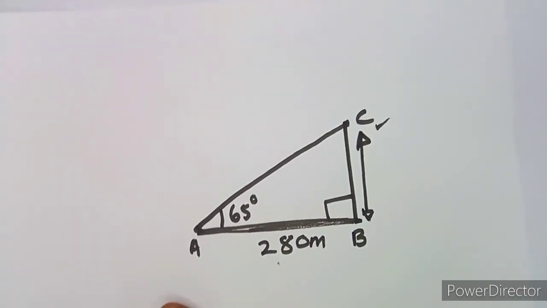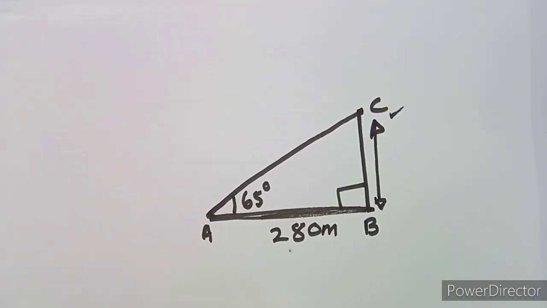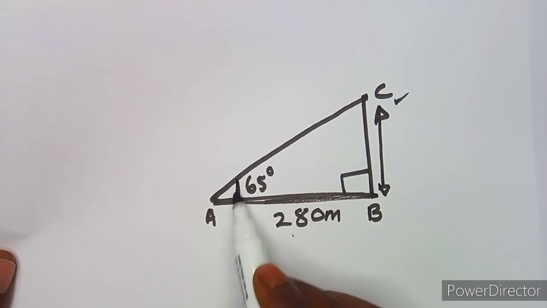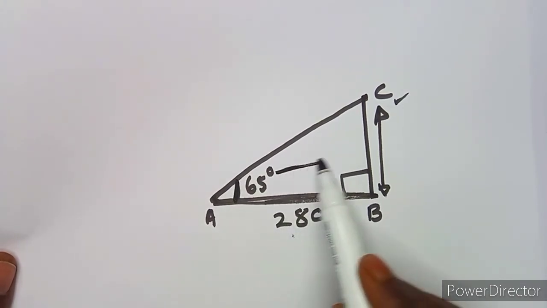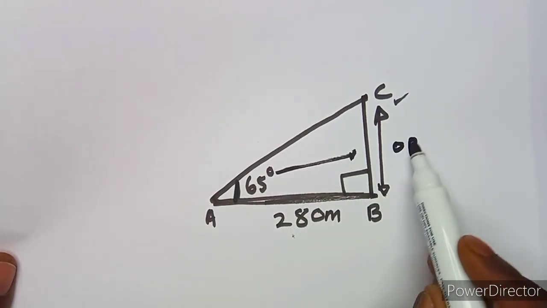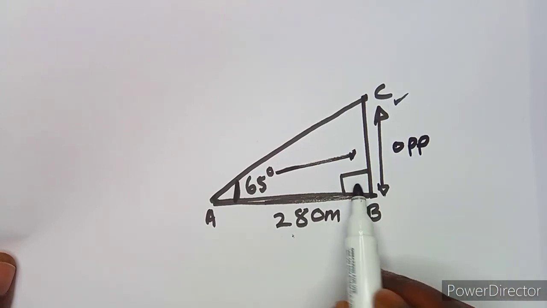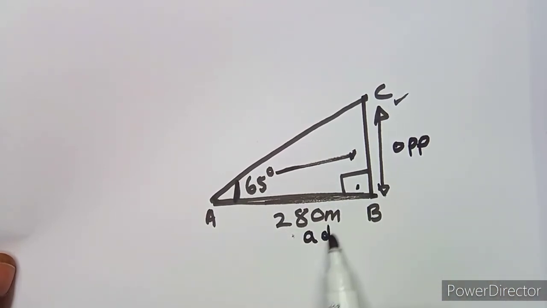And which ratio are we going to use? What you're going to do is name the sides according to this angle of 65. As you can see, this is your opposite, and we have got 90, and this is your adjacent.